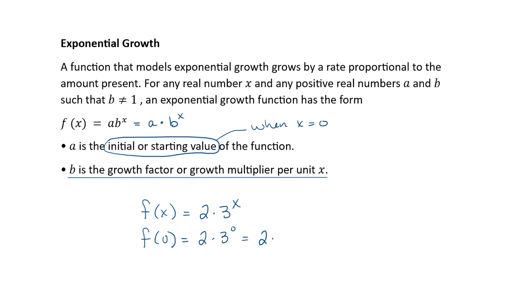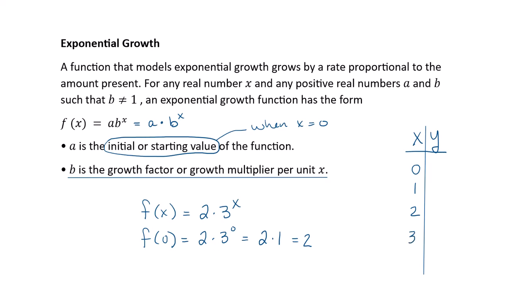That's 2 times 1, which is 2. b is the growth factor or growth multiplier per unit x. To demonstrate this, let's look at a t-table. Making a t-table out of our function f(x) = 2·3^x, let's just start with 0 and go through a few of the integers.